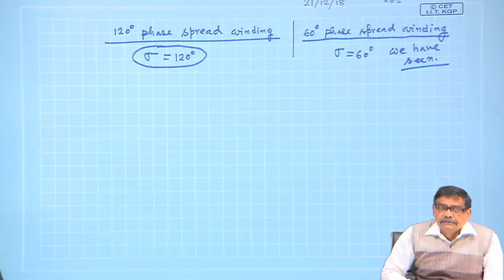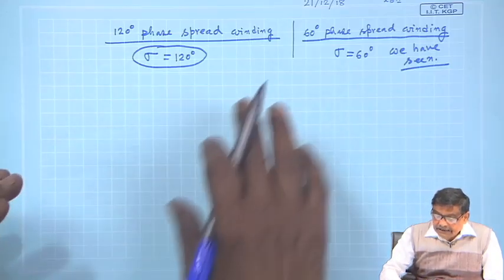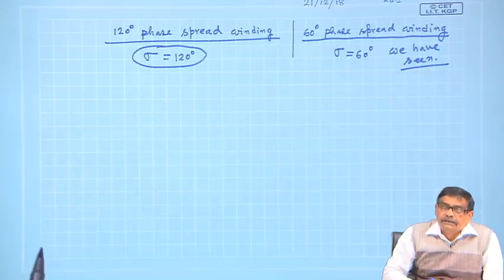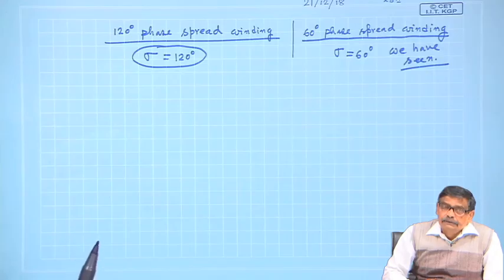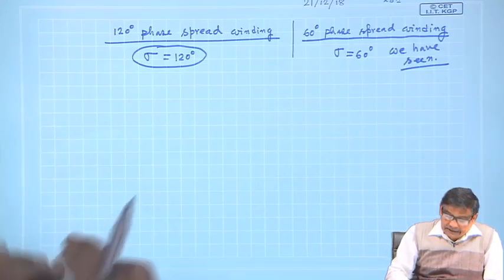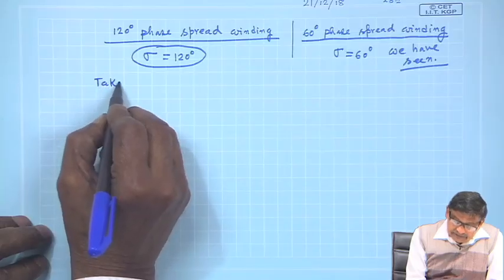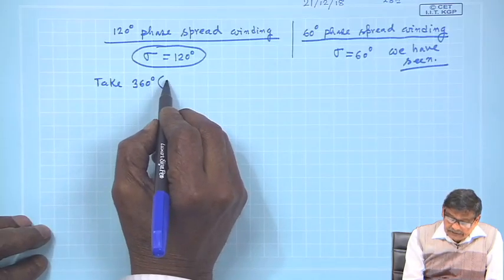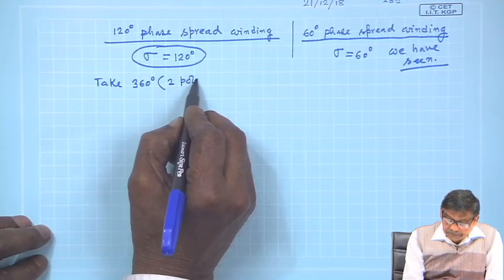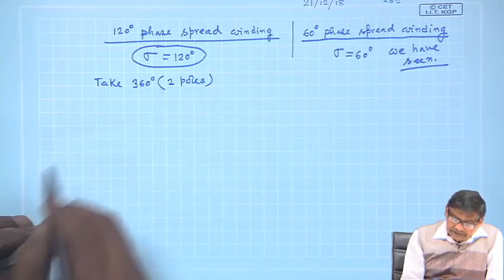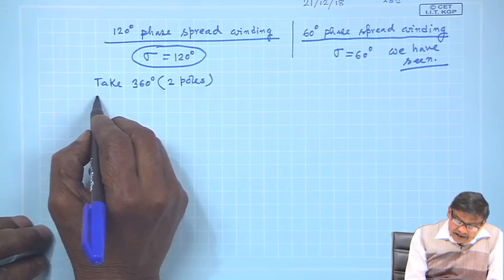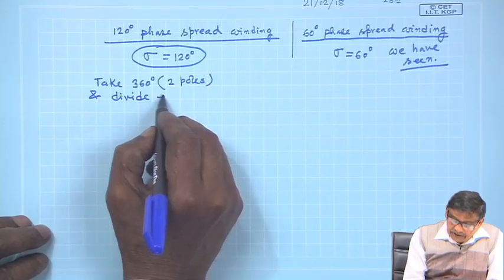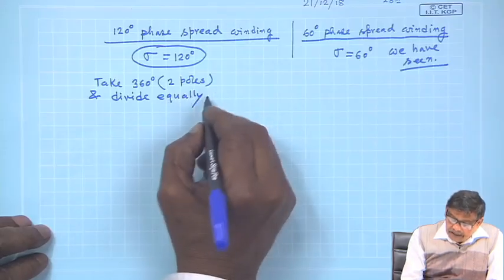It says that okay, instead of 180 degree over which you equally divide R, Y and B phase, you take 360 degree electrical, take 360 degree space, that is about 2 poles, take 360 degree and divide equally among the phases.